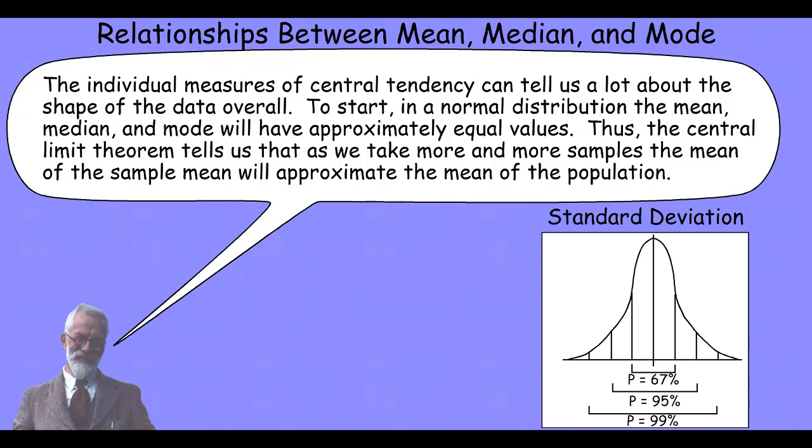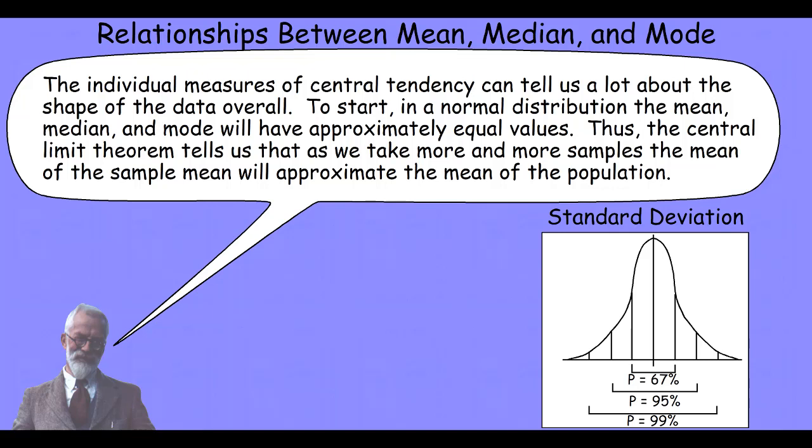To start, in a normal distribution, a bell-shaped curve, the mean, median, and mode will have approximately equal values. That is, the most common value, that divides the data in half, and that therefore represents the mathematical average, will be the same number in a normal bell-shaped distribution.